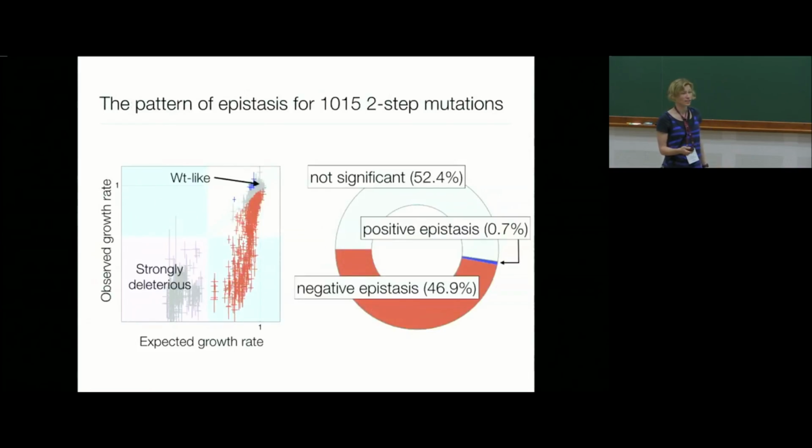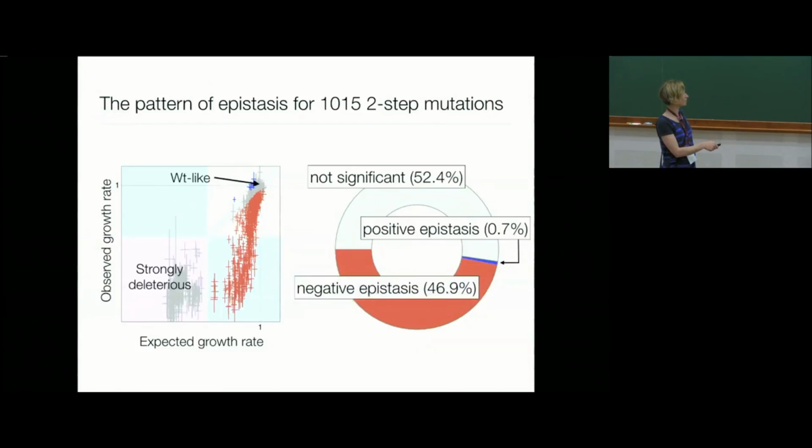Firstly, if we look at what happens epistatically, here are our empirical measurements, with the expected growth rate against the observed growth rate, and it's colored. These white areas are where we're really confident in our measurements. The crosses give us roughly our posterior width, so our error expectation. And this gray shade corresponds to our measurement accuracy.